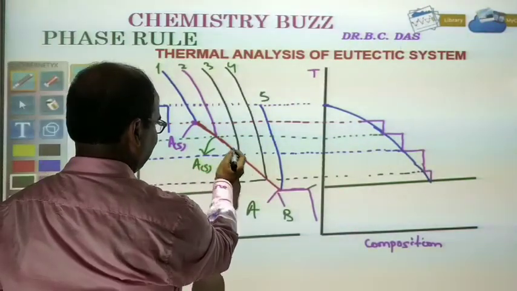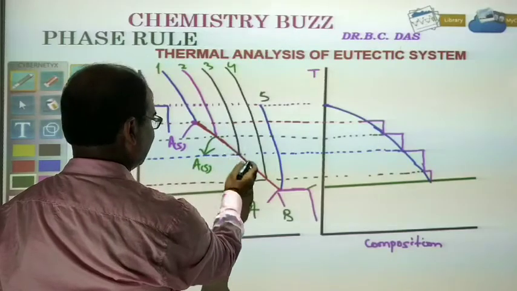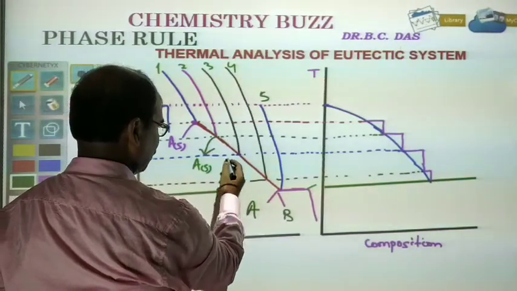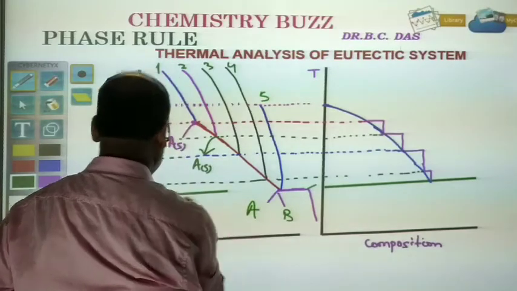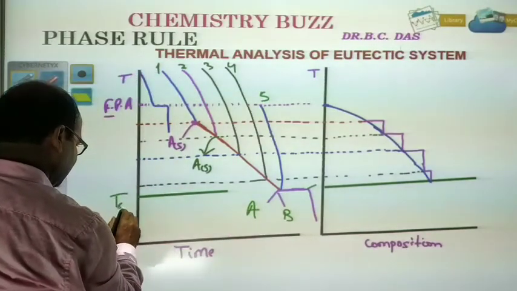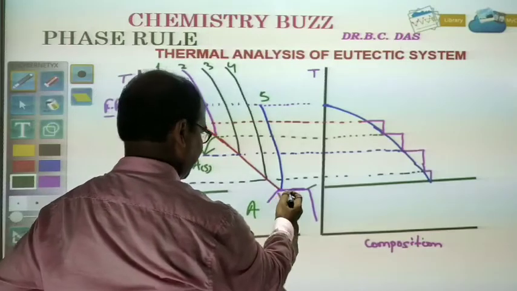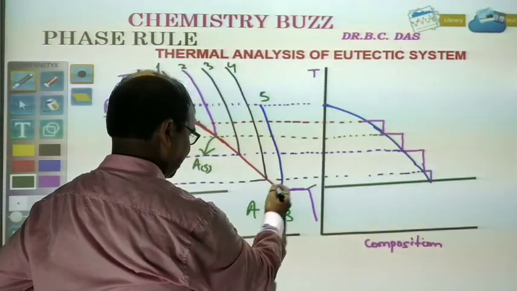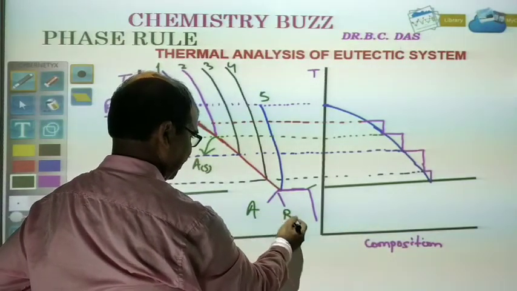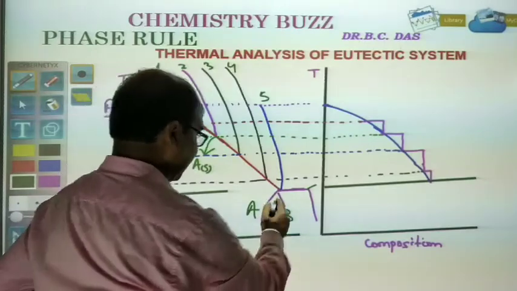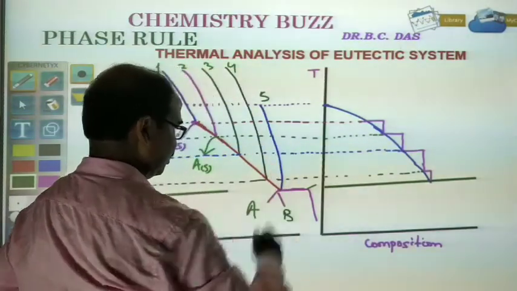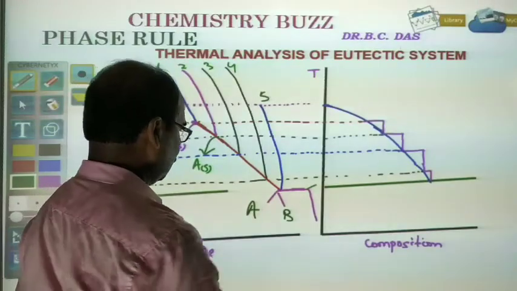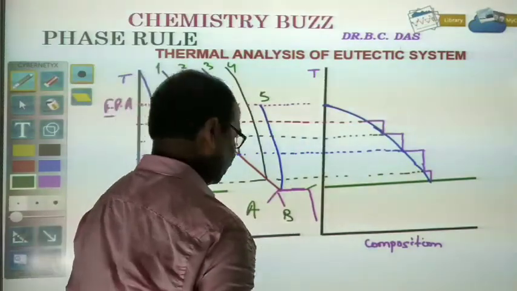Then with further lowering of temperature, more and more solid will form, and when the eutectic temperature and eutectic composition are reached, the solidification of A and B starts together, and at this temperature the total solidification of A and B occurs, whatever amount is present in the solution.